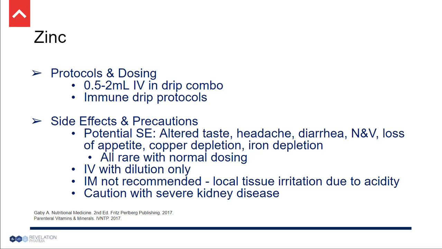Notably, it can cause copper depletion or iron depletion, once again more so with higher or longer term high dosing, but that's just something to look out for if you're monitoring these different mineral labs to assess status.